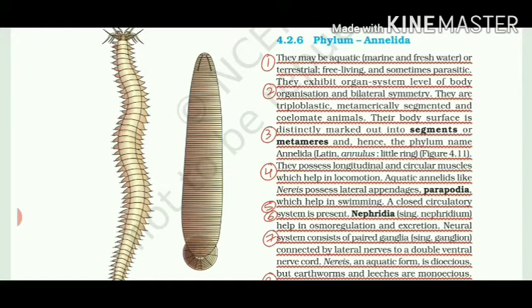They are triploblastic and segmentation is there, a process we have already studied, called metamerism, and the body cavity is true, so we call them coelomate. Next, the 4th point: how do they locomote?